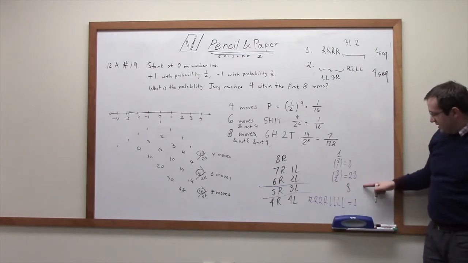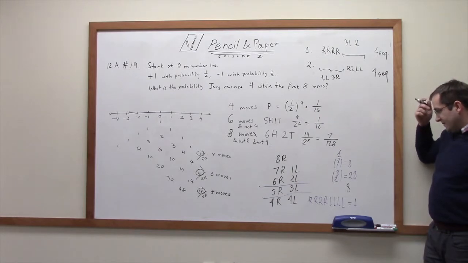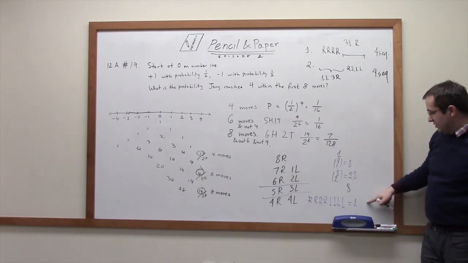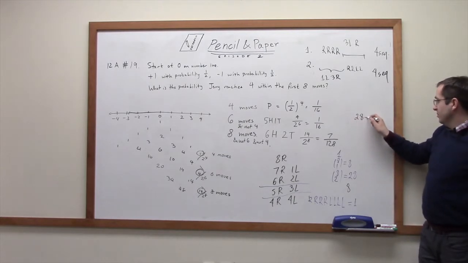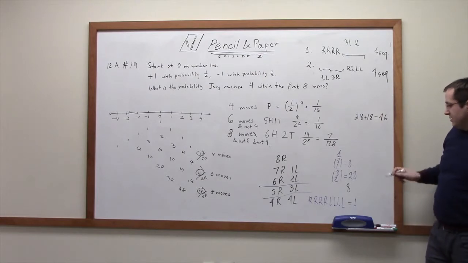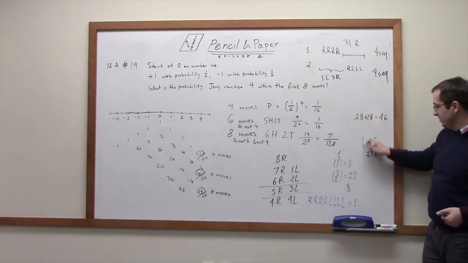Yeah, so when we add up, we get what? 1 plus 1, 2, plus 28, 30, plus 18, 46. 46 over 256. We see the same. And you simplify it and you get the answer.